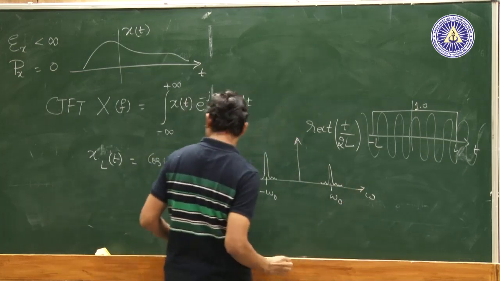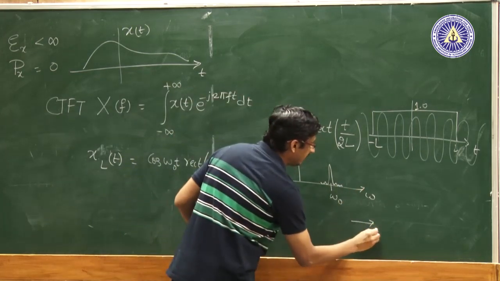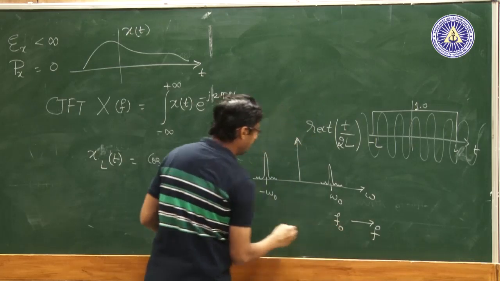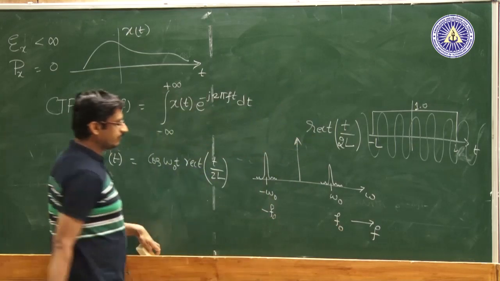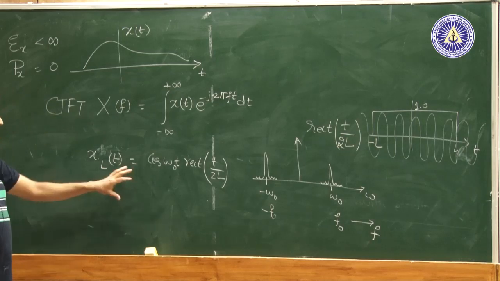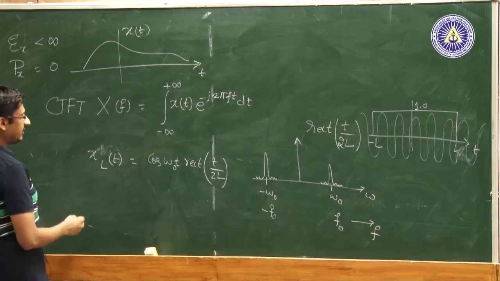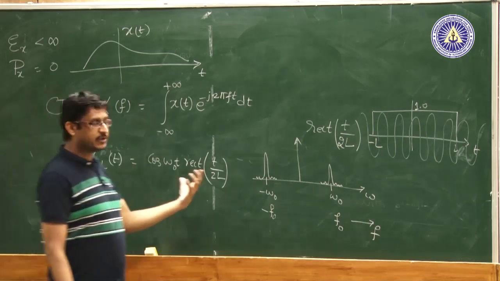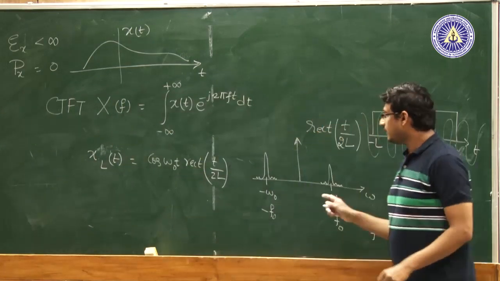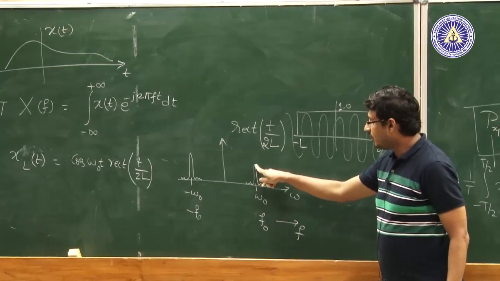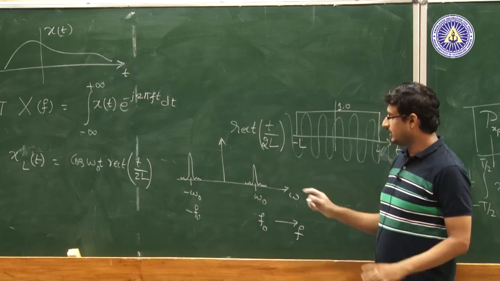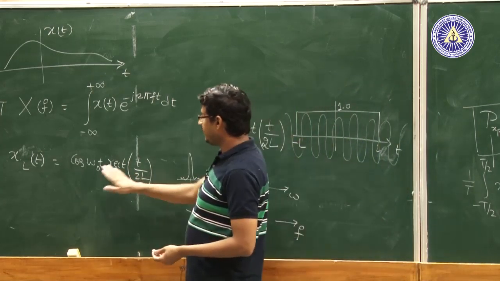If you plot in terms of f, this would be f0 and minus f0. You can do this by applying a certain property of the Fourier transform, but what is interesting is that you can look at this.